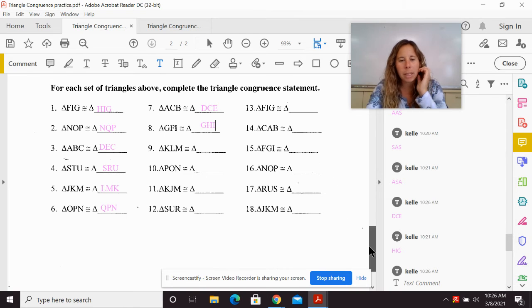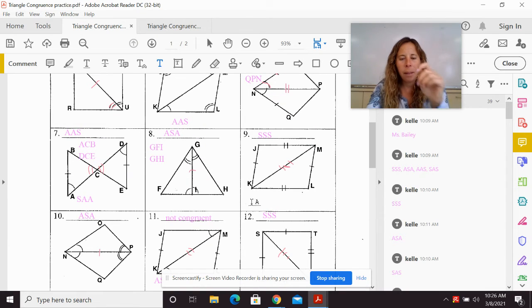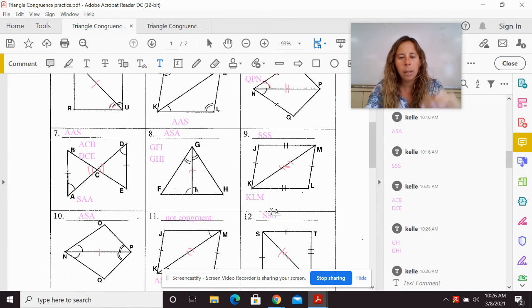I'm going to do one more and then I'm going to stop. KLM, number 9. KLM is congruent to KLM here.